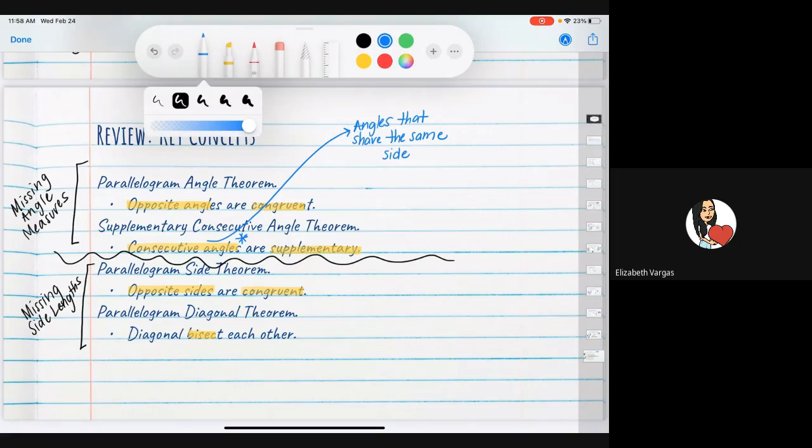So if I had a parallelogram like this, then these two would share the same side. These two would share the same side. Also, these two could share the same side. And these two. So they're just angles that share the same side, depending on whatever side you're looking at.